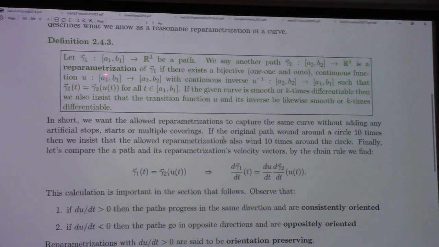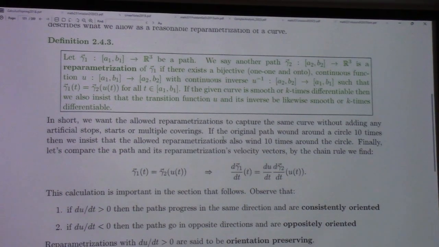For it to be a reparametrization, you want it to be increasing and have a continuous inverse. Then the reparametrization of the curve is simply to replace t with u of t, like we did with u equal to arclength, for example.